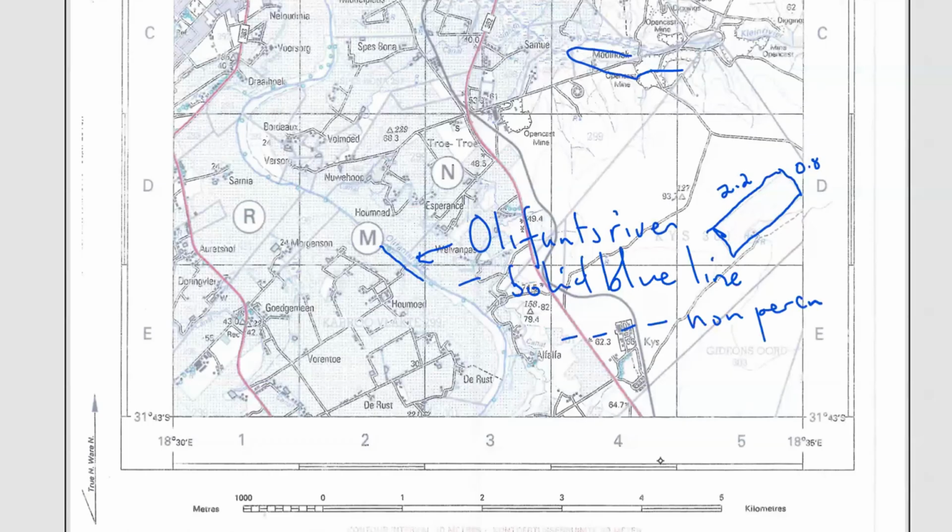Wherever you see a broken blue line, it shows a non-perennial river, but a solid one shows a perennial river. So this is a solid blue line, which represents a perennial river.